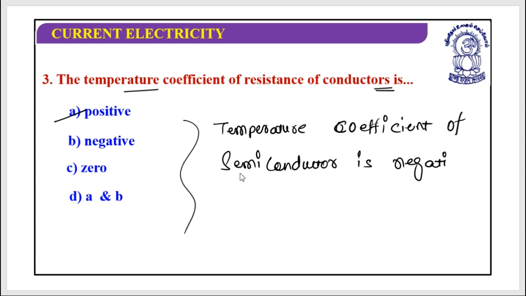So for semiconductors, the temperature coefficient is negative. For the temperature coefficient of resistance of conductors, it's positive. Is it clear? Great. So now let's move to the next topic.